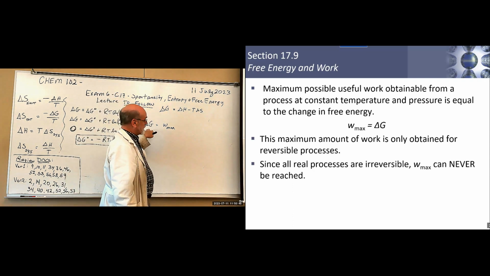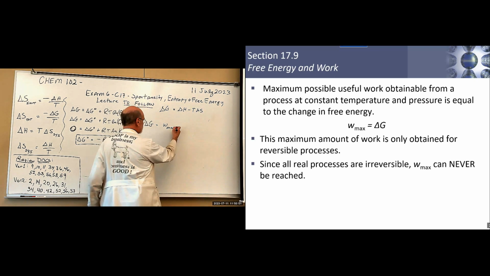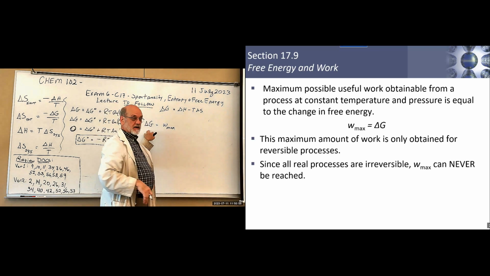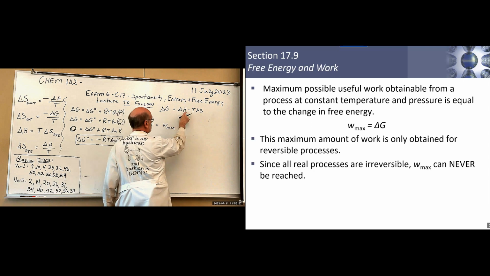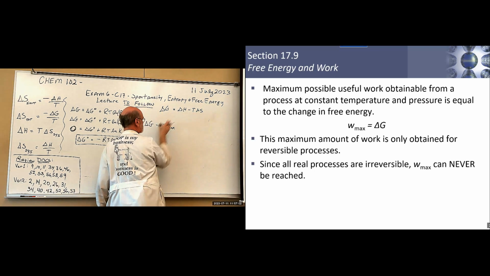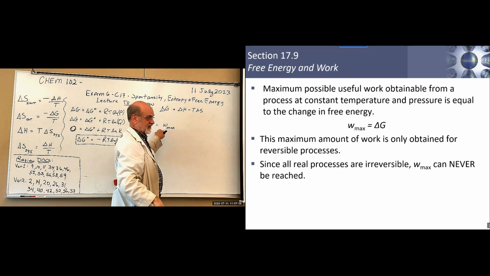Right, so that's what the delta G is equal to, maximum work. But we know that there are still losses. Up to this point, we've taken delta H and we've subtracted out the effect of entropy to get our maximum work. But still, the actual work is going to be less than that.